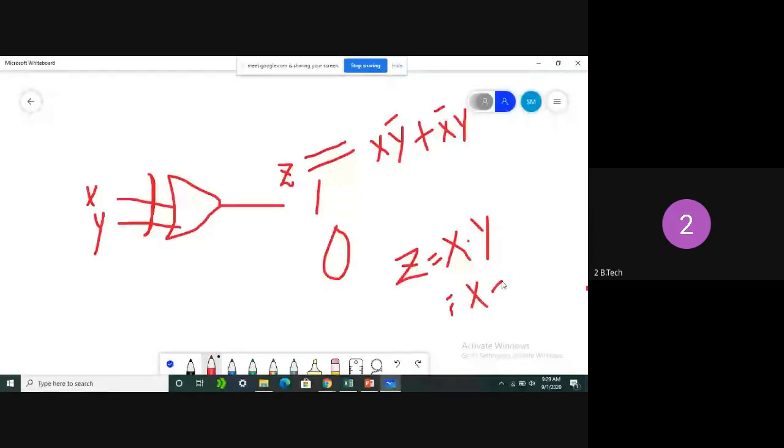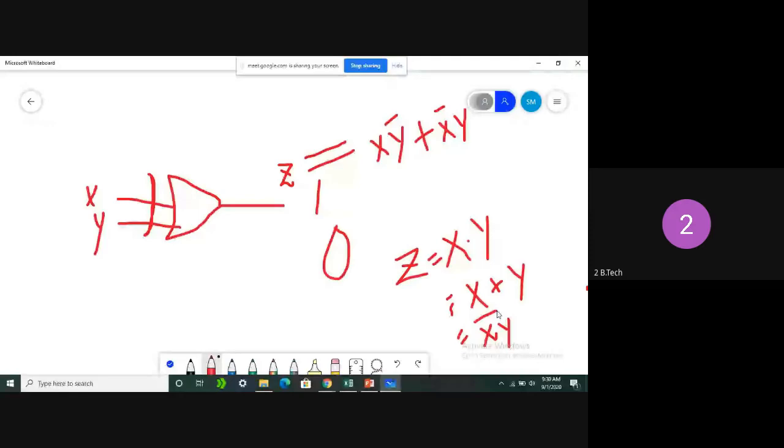And if you are using the NAND gate, it is nothing but AND NOT, in the sense X into Y whole bar. So this is the relation in the NAND gate between input and output.